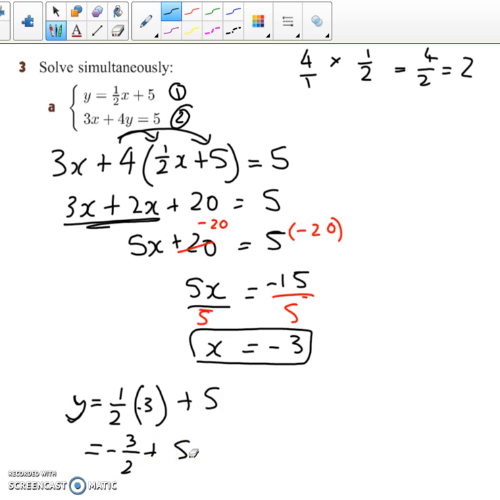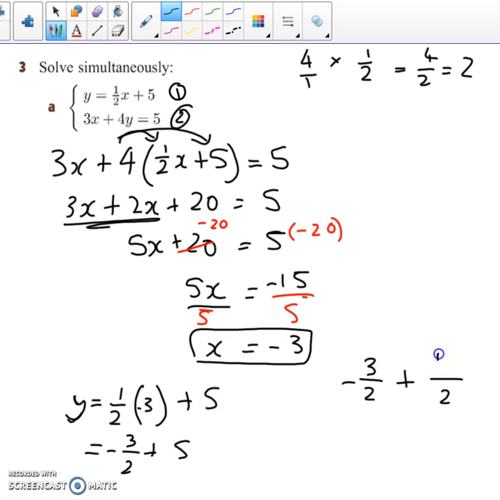Now, we need to remember how to add and subtract fractions in this case, without having to use the calculator. This is currently 5 over 1. What we actually do with that one is we make the denominators the same. So if I've got 2 here, to make the 5 over 1 into something over 2, it went up by 2.